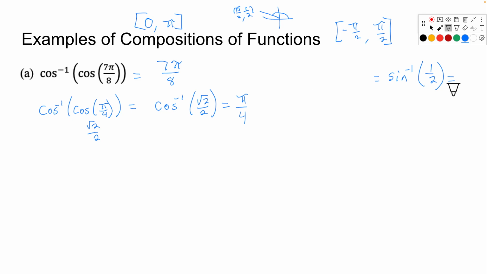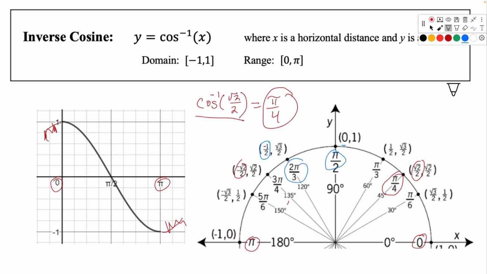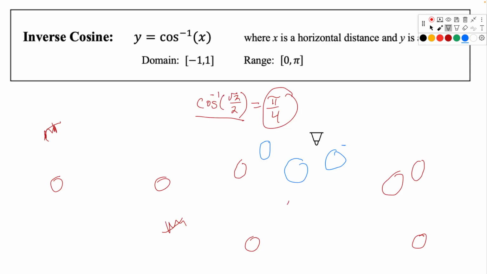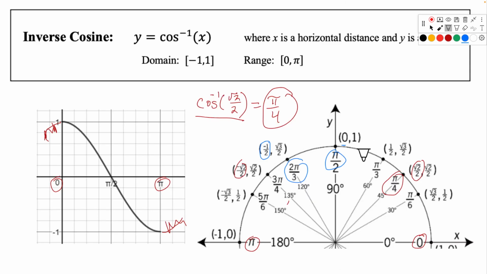Back here, y is 1/2 when the angle is pi over 6, right? And I cut off this one. I guess we could have seen 5 pi over 6 is 1/2. The y-coordinate's 1/2.